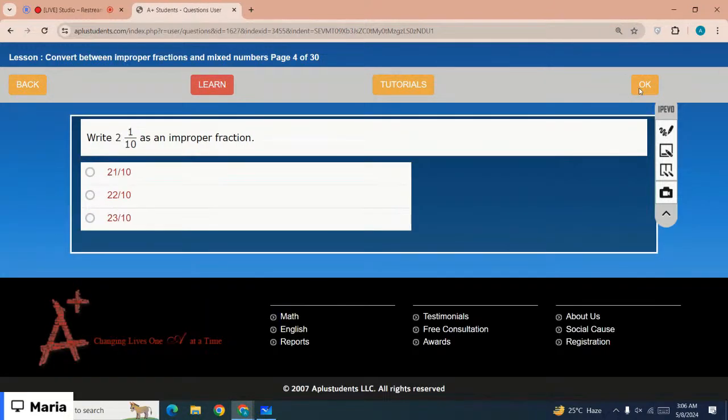The next one is 2 whole 1 by 10, which is the correct option.